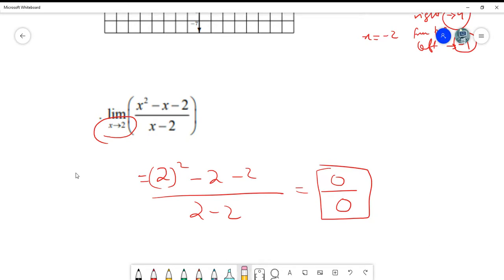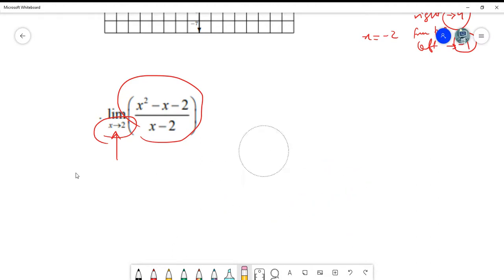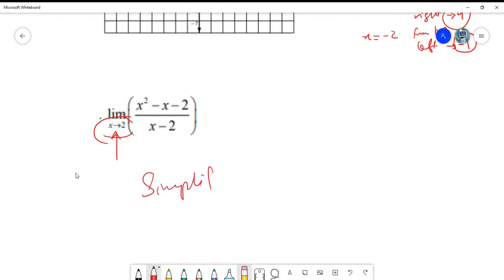Now, the idea here is when we are given an expression along with the value of x, we will not simply put the value of x into the expression. Rather, we will first of all look to simplify the expression.